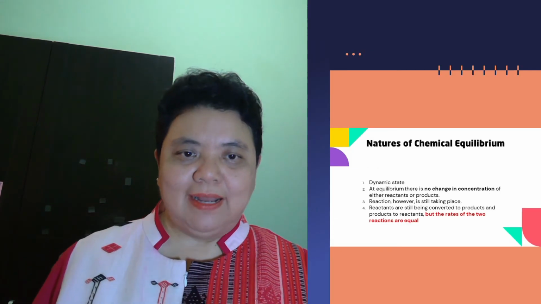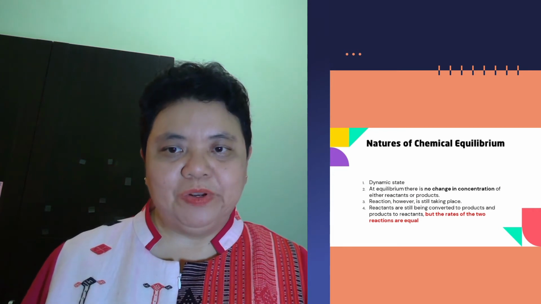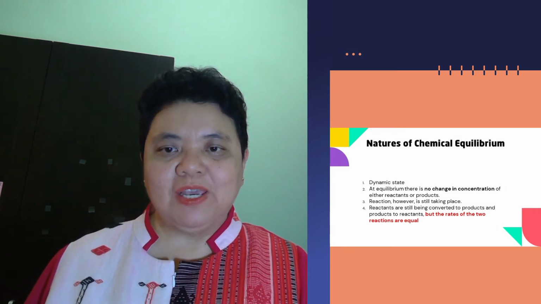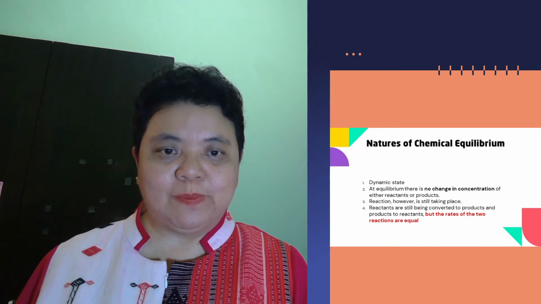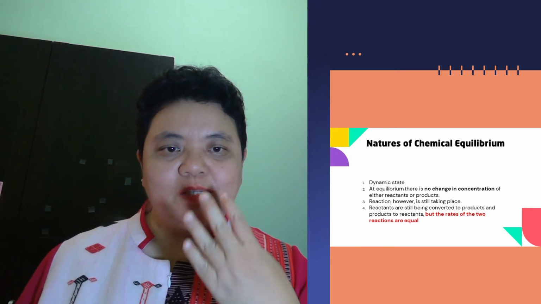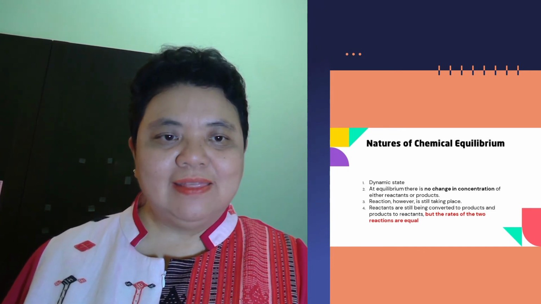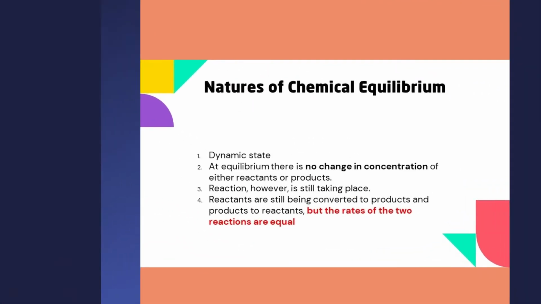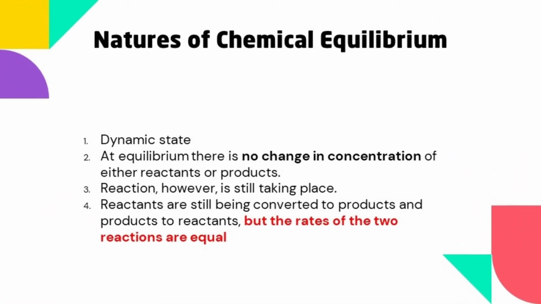Next, what about the nature of chemical equilibrium? The nature of chemical equilibrium is briefly explained in the 4 items below. Look at this slide. The first one, it is a dynamic state. Second one, at equilibrium, there is no change in concentration of either reactants or products.